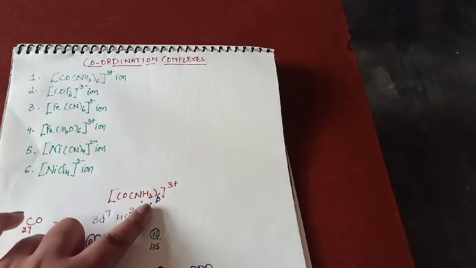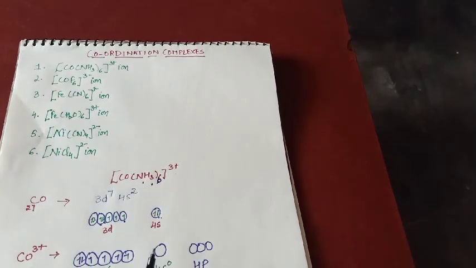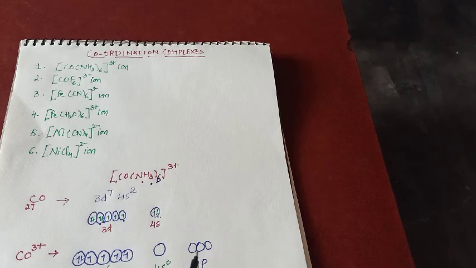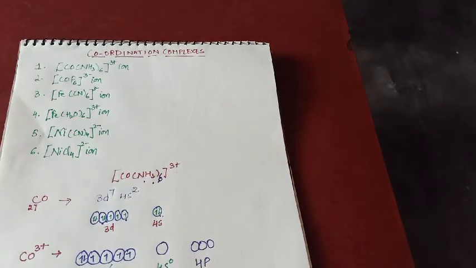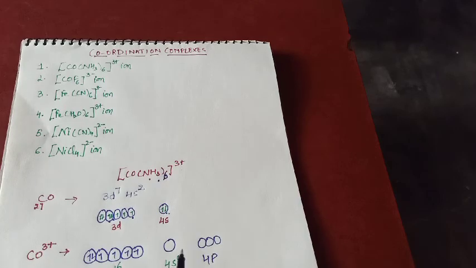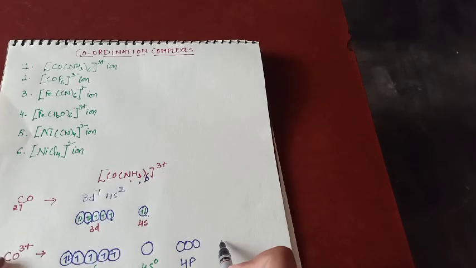So if 6 ligands are present, according to VBT theory, we have to make available 6 empty orbitals so that 6 ligands can donate 6 pairs of electrons to the empty orbitals. So based on that, we have to make available the orbitals. The first probability is that the outer orbitals could be used.